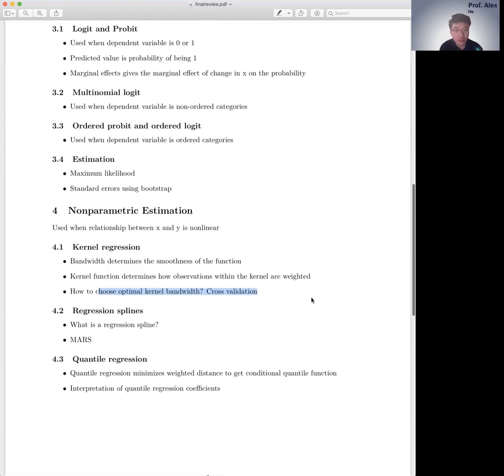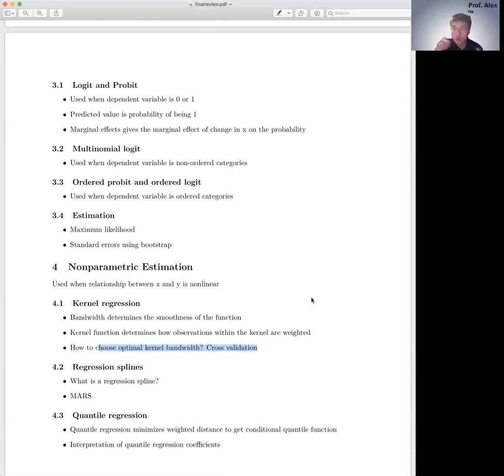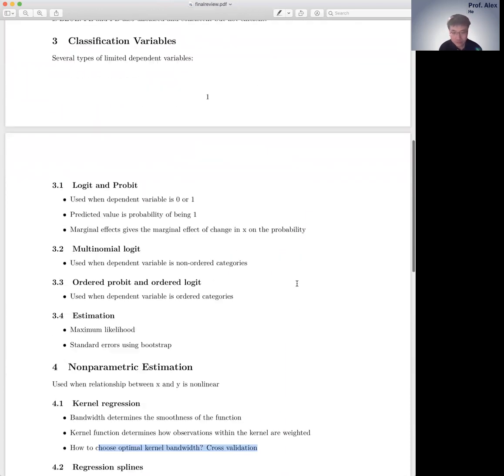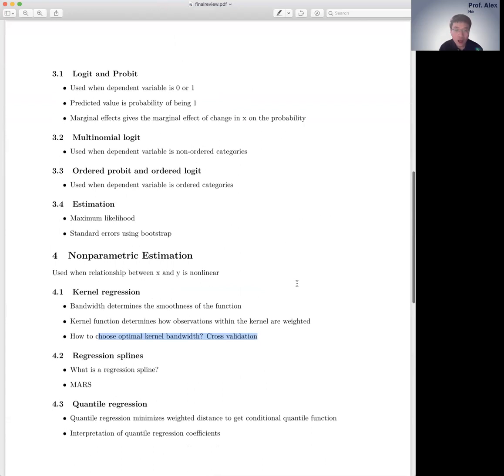And for these several types of models, the way we evaluate the prediction is all different, right? So for linear regression or our non-parametric models, the y variable is a continuous variable, so then you can just use the MSE, mean squared error.